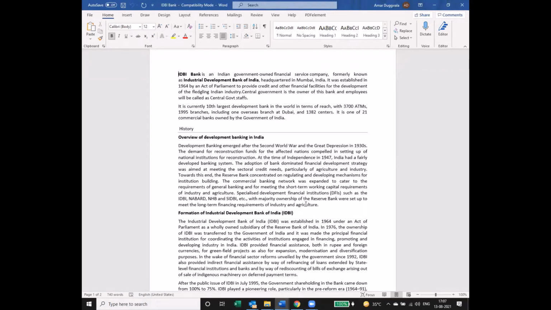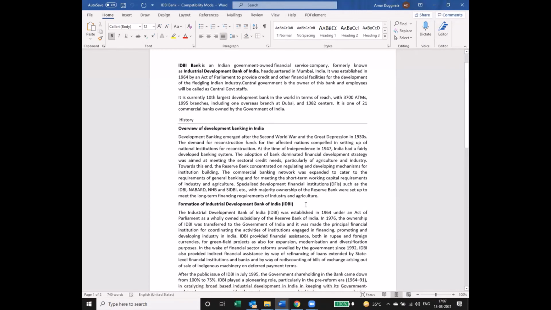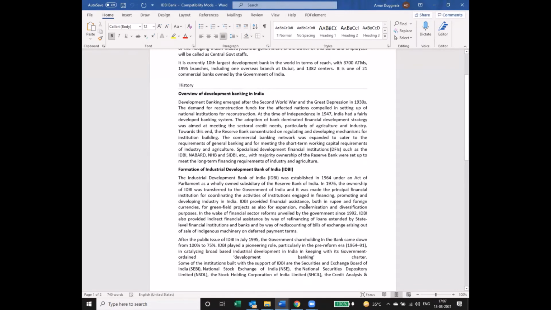And in 1964, India had a vision to slowly and steadily release core sectors for private investments, so it started working on the Industrial Development Bank of India, which got created. We all know that specific purpose development banks were created in India during that decade. The Industrial Development Bank of India was established in 1976.